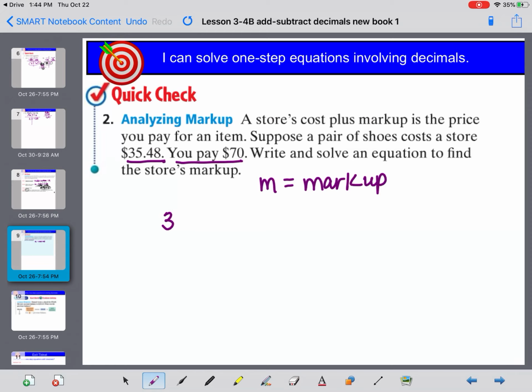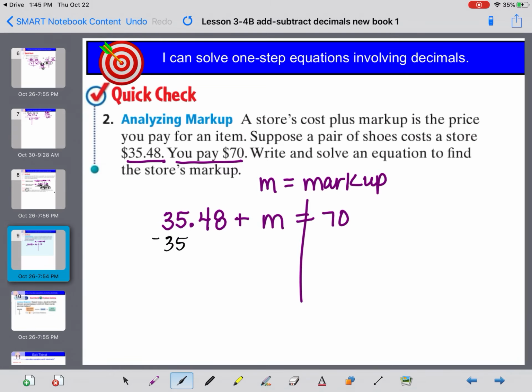So the manufacturer sold the shoes to the store for $35.48. Plus, the store added on some amount of money, and your total was $70. What was the amount the store marked up the shoes?